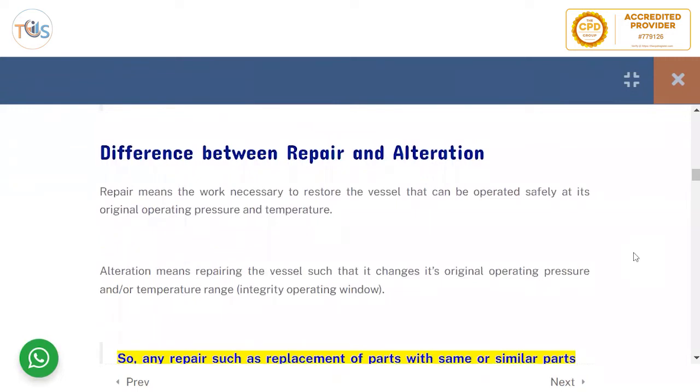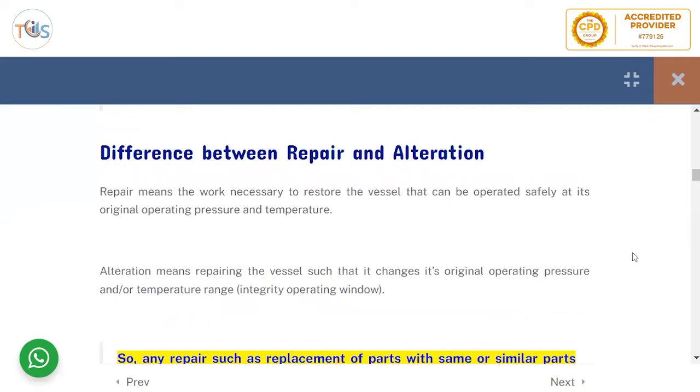So let's see what's the difference between a repair and an alteration. This could be a potential exam question. Repair basically means repairing something, and there can be minor repair and major repair, to restore the vessel to its original condition. So to restore means repair.